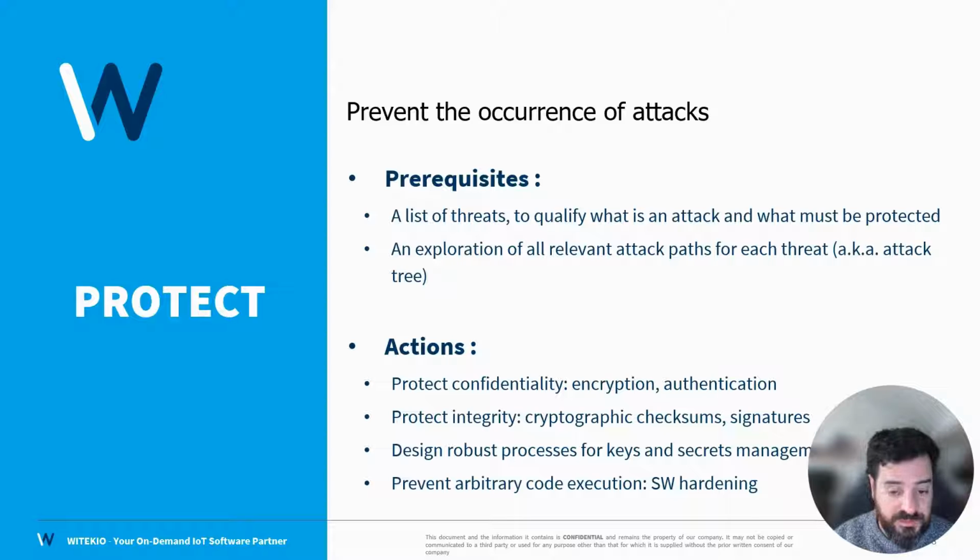We will need to define processes for keys and secrets management, because since we talk about encryption and signatures, we will talk about cryptographic assets and keys, and we will need to know how they are generated, how they are protected, and how they are decommissioned when not in use.